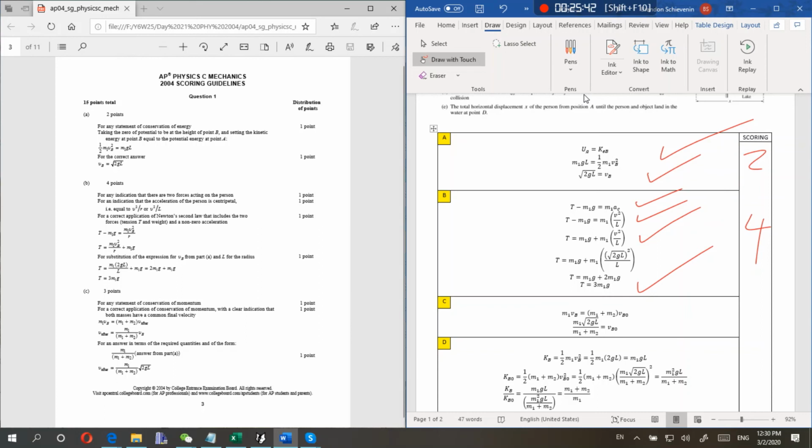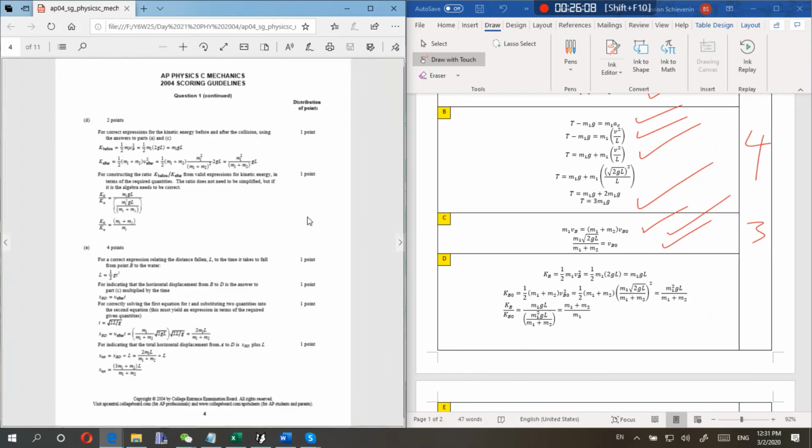Then any statement of conservation of momentum looks good. Correct application of conservation of momentum with a clear indication that both masses have a common final velocity. Okay, we did that. And then answer M1 over M1 plus M2 root 2gL. Oh, that is a 2. Okay, cool. So that's 3 points.